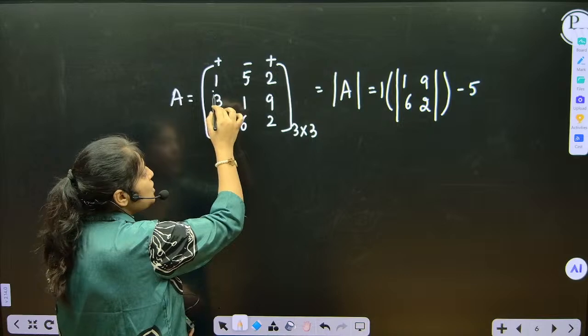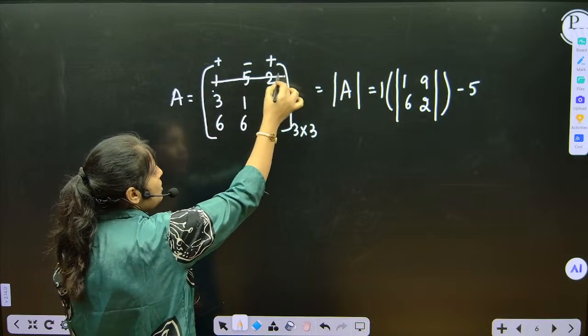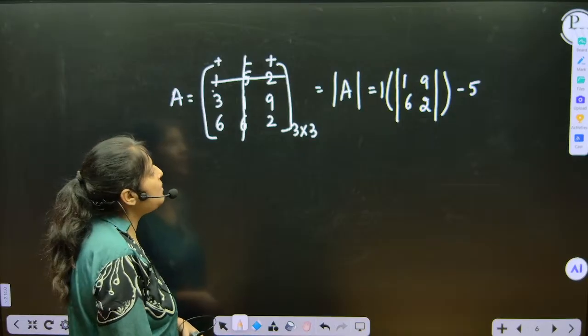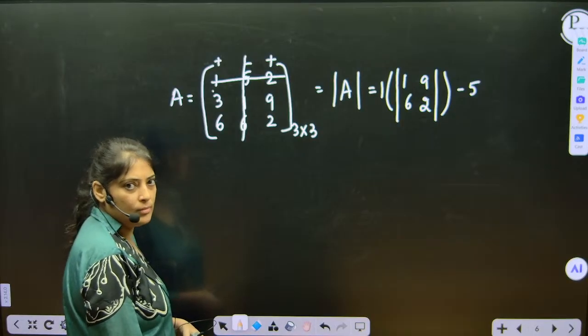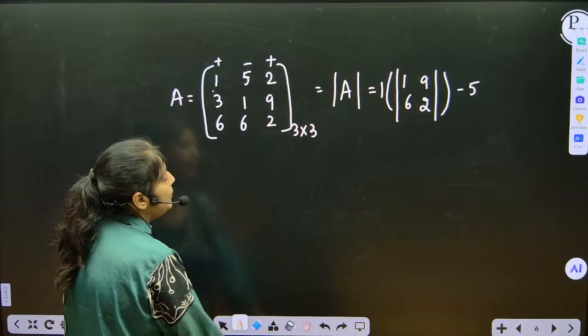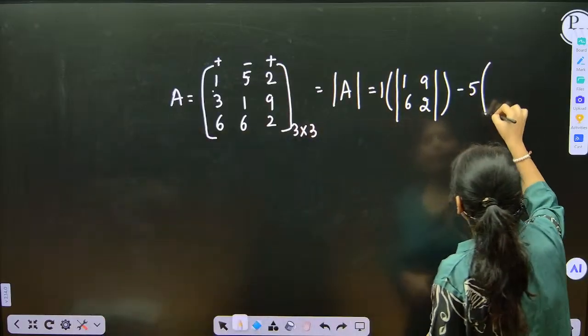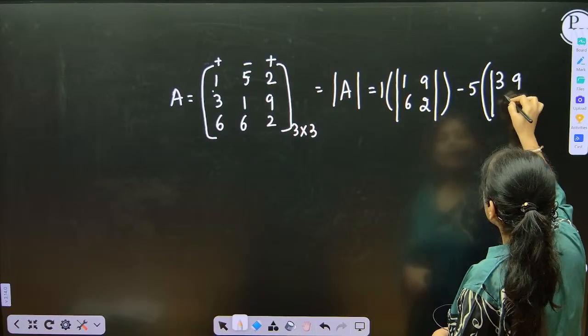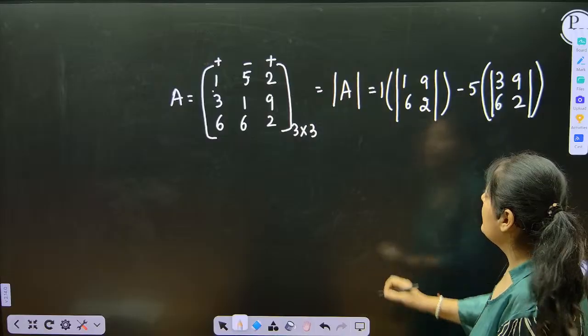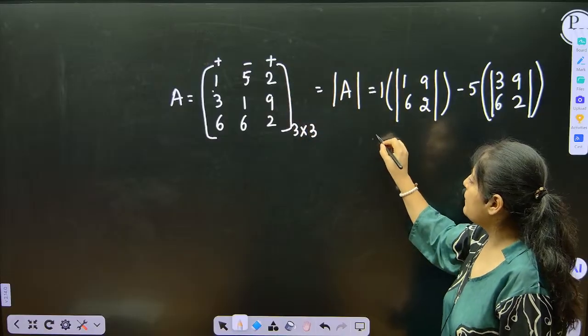Which numbers are left? 3962. These numbers were left, that I'll write there. Now with 2, I'll take the plus sign.